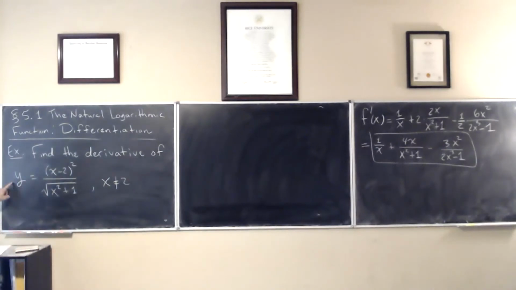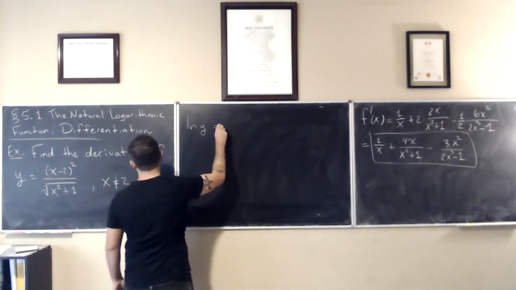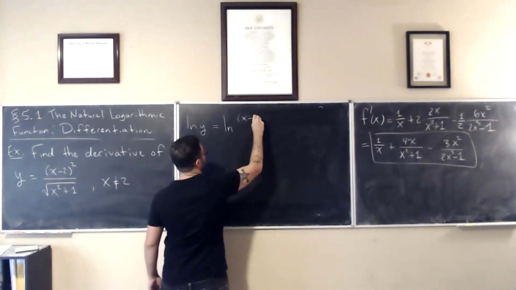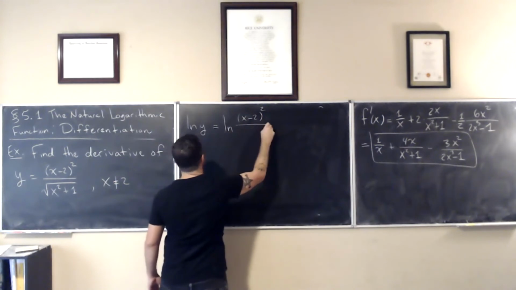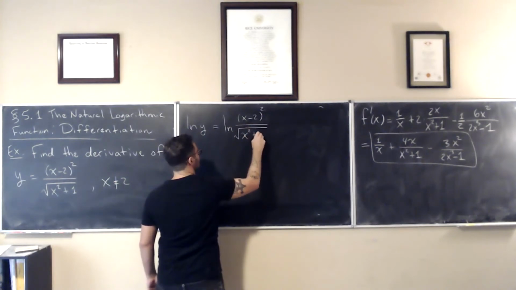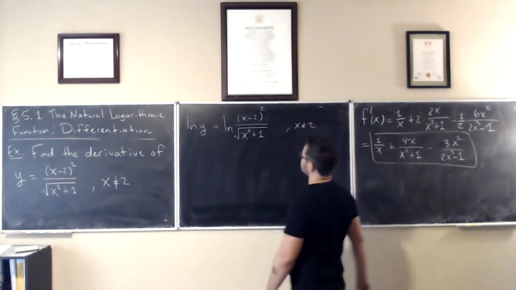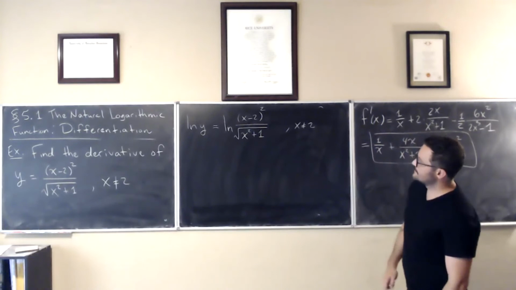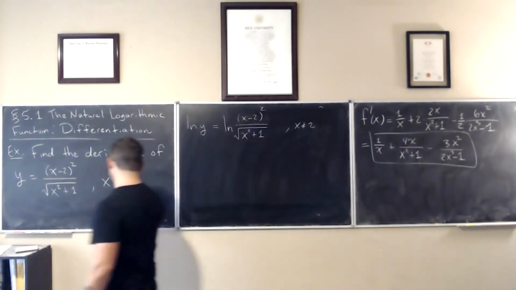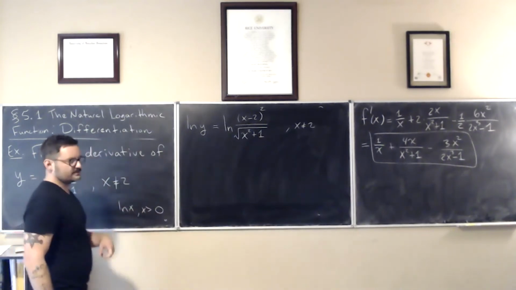So if I take the natural logarithm on both sides, does it make sense? That's my first question to ask. Okay, so this is actually an important condition here. Because the natural logarithm is only defined when the argument you give it is greater than 0.